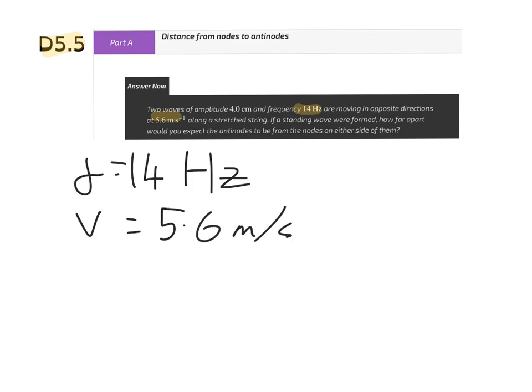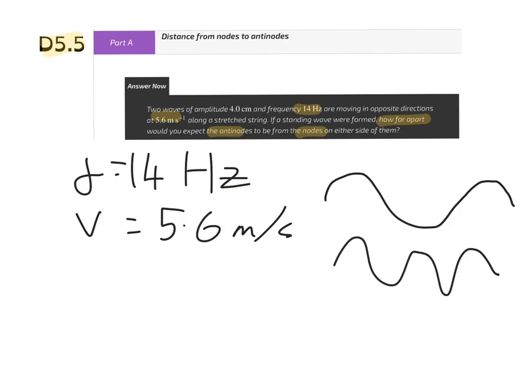If a standing wave were formed, how far apart would you expect the antinodes to be from the nodes on either side of them? Because this is a standing wave on a stretched string, it's going to have two nodes at either end. Now it might look like that, or it might look like that.